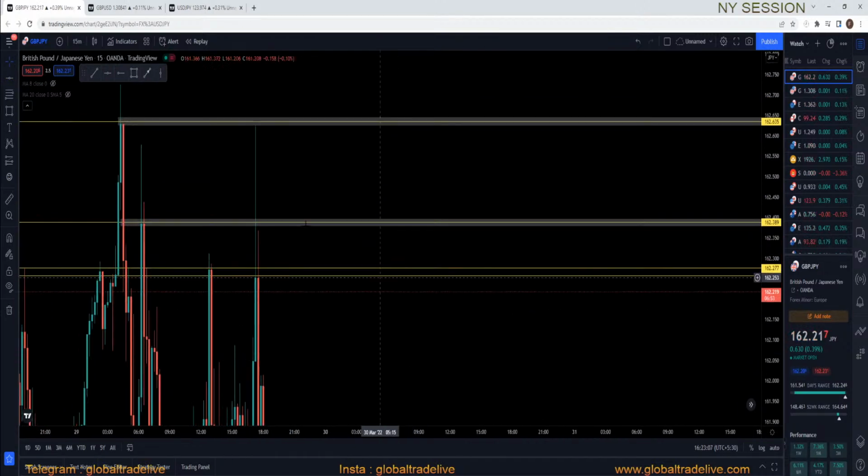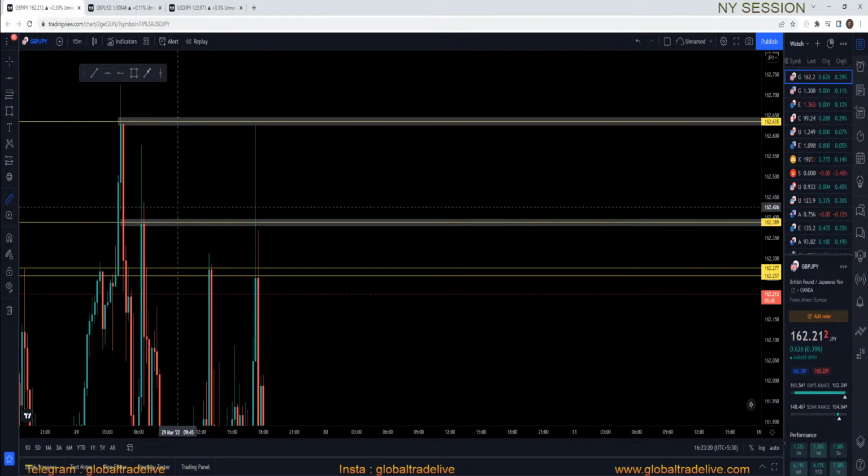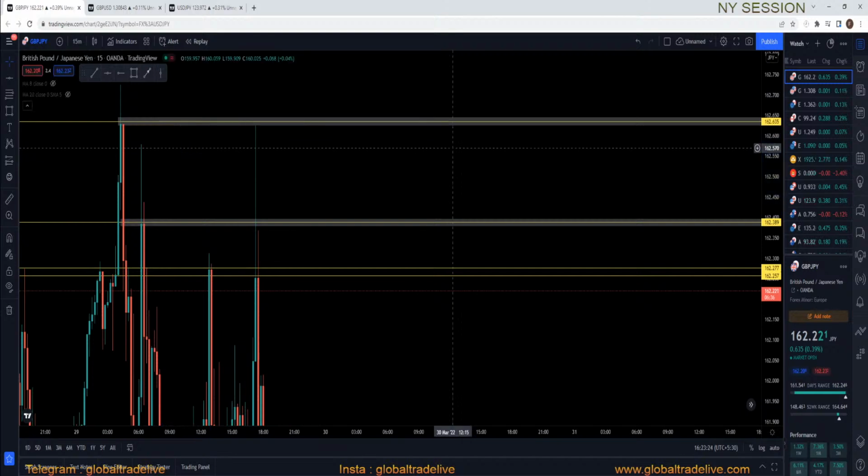Strong zones. So one thing I can say is that the market might reject this one, but if a candle closes above 162.389, then we can have a nice candle wick down and then a continuation move to the upside.